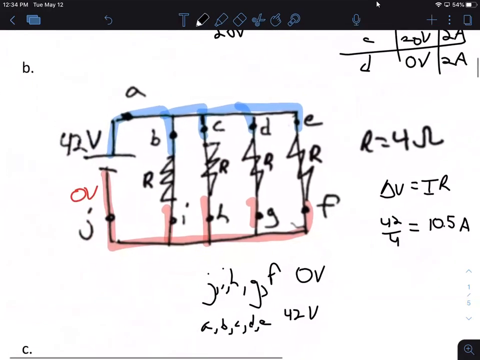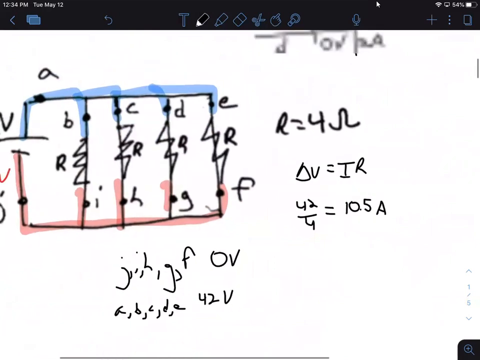All right, so that means that through each of these resistors, I'm getting 10.5 amps because they're all the same kind of resistor. They're all dropping the voltage the same amount. So B and I have the same current, C and H have the same, D and G have the same because they're in the same loop.